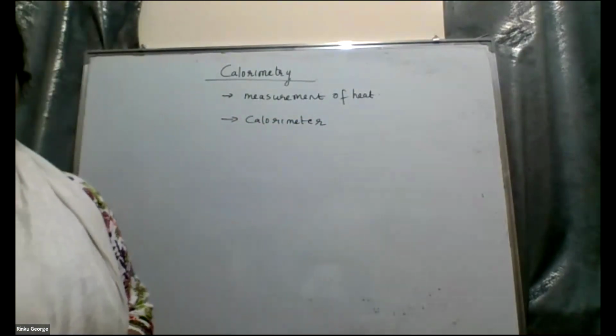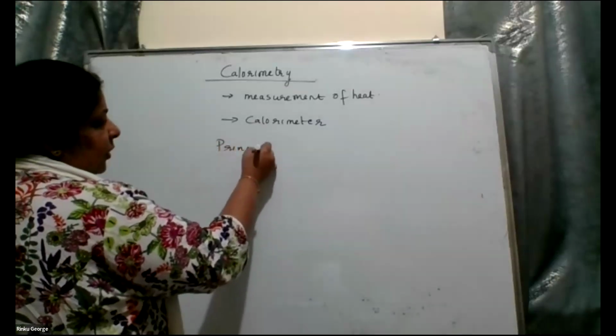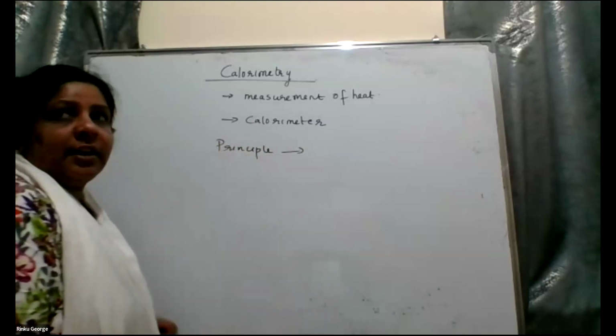Now, the principle of the calorimeter. What is the principle? Heat lost is equal to heat gained. That is the principle.